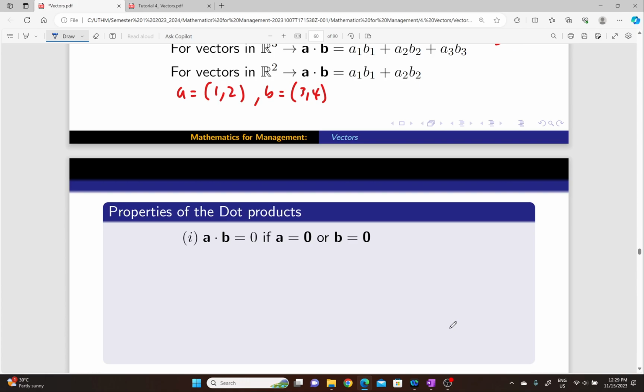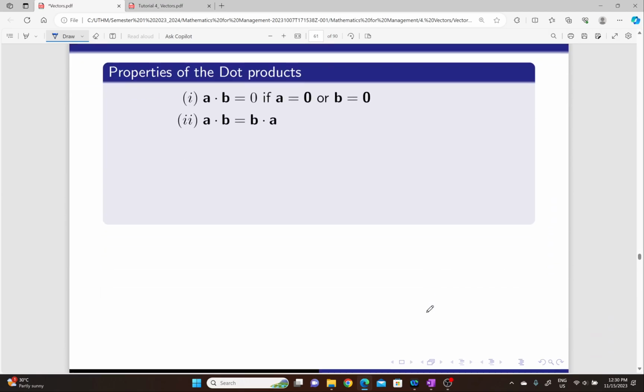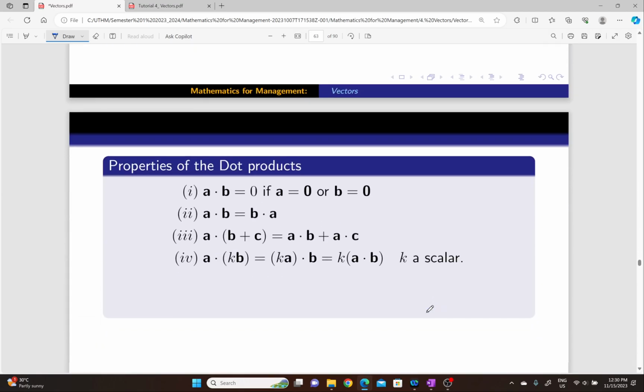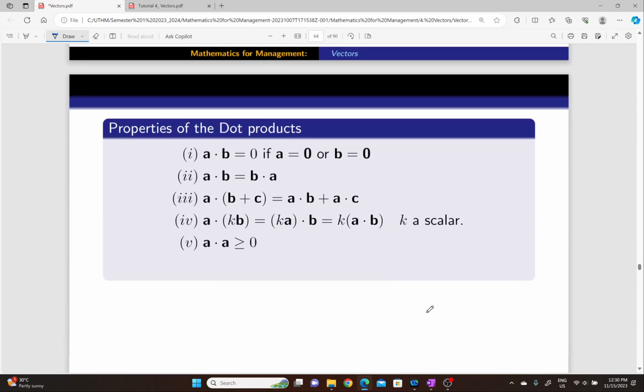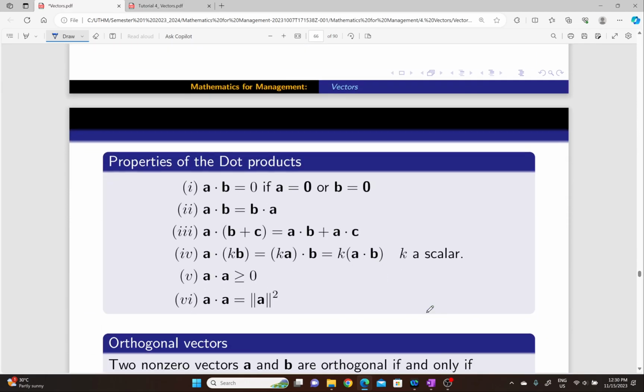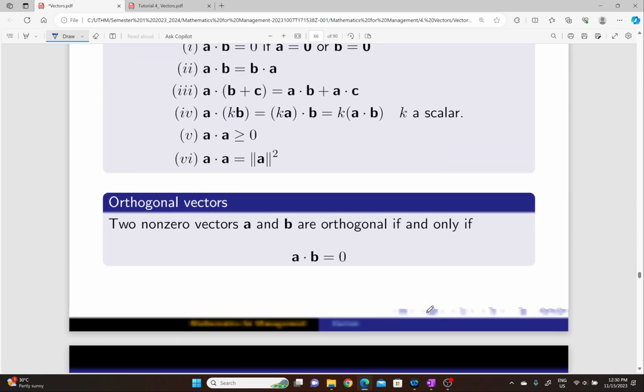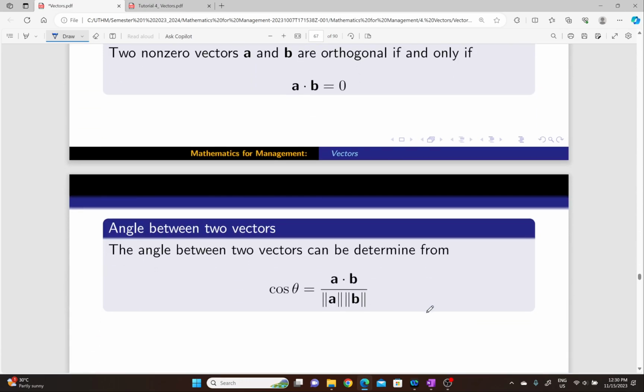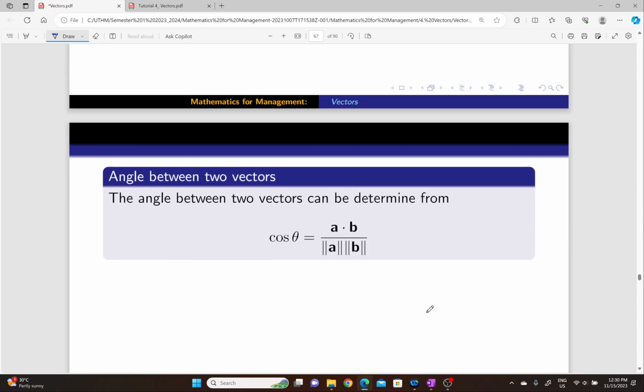As in the previous one with the plus minus operation, here also we have some properties. These properties you don't need to memorize, but if you want, you can go through them. The most important thing is how you compute the dot product and how to find the angle.